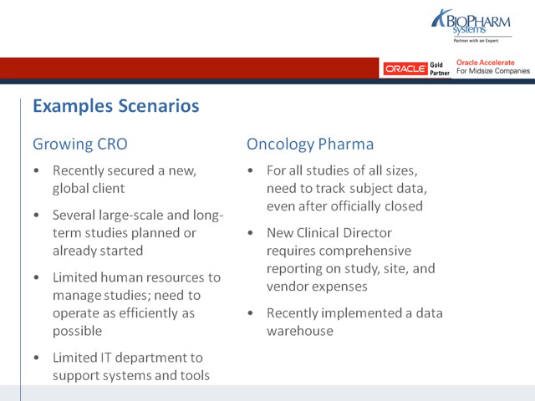But if they're thinking about doing this from just a reporting and metrics perspective, they also have recently implemented a data warehouse, so they could get their consolidated data across studies from both systems via the data warehouse. So the key takeaway here is, the decision's not always going to be black or white. There are going to be several factors that go into the decision, and some factors may be more important in one organization than another.